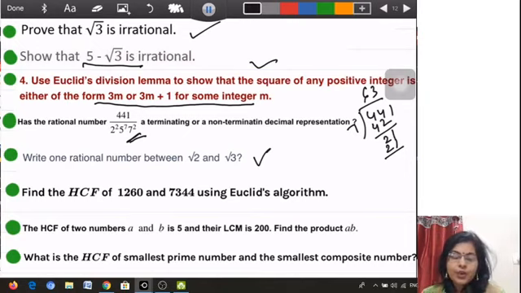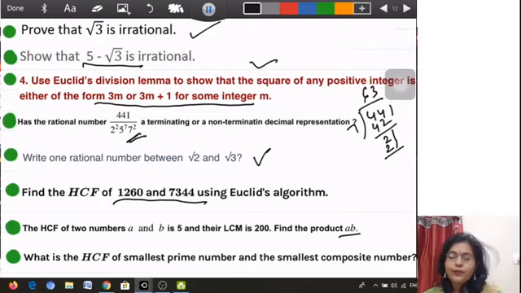A very simple question. Now find the HCF of 1260 and 7344. I have given you so many questions of this type, and I hope you can easily solve it. Now, this question was told to you in the last session. HCF of two numbers A and B is 5 and their LCM is 200.